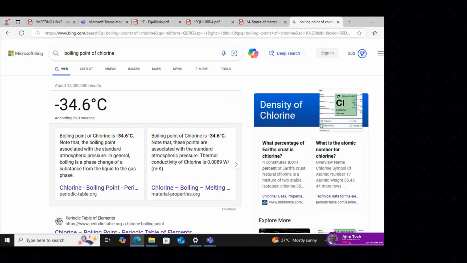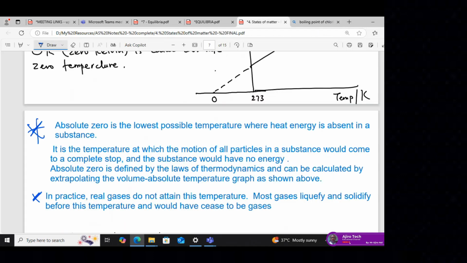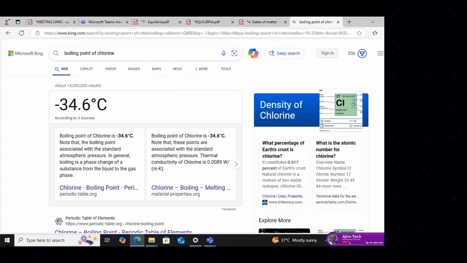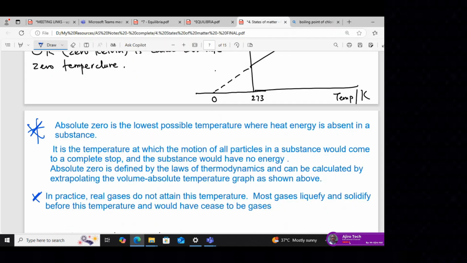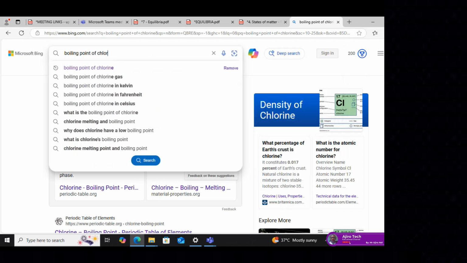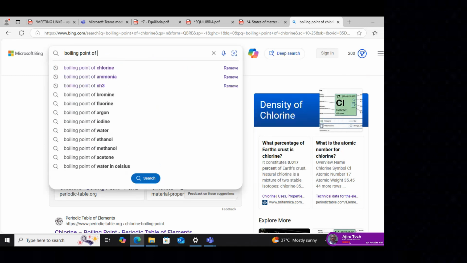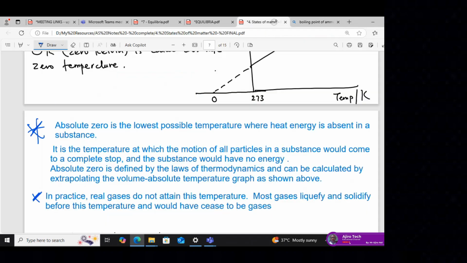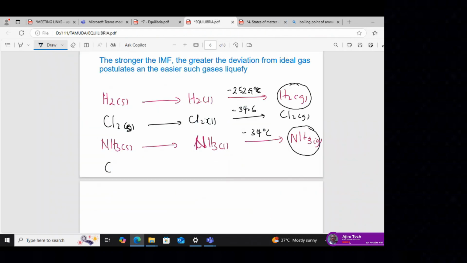Minus 34.6. Let's write the real one for ammonia: minus 33.3. Can you see now?